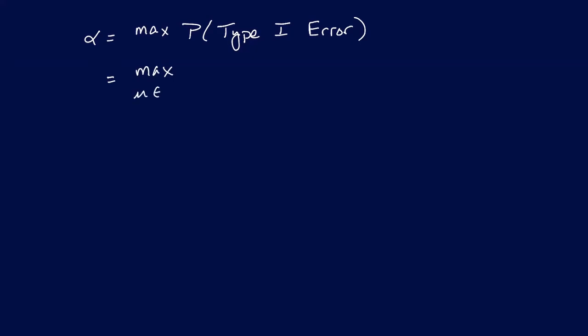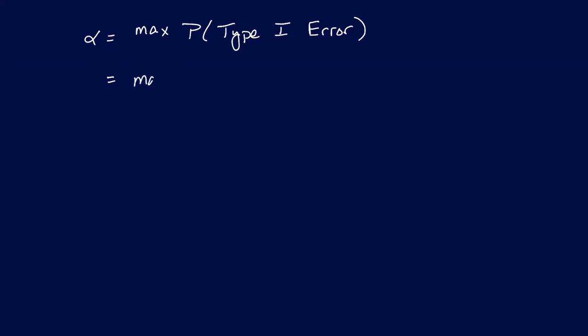So alpha is the probability of making a type 1 error. In general, it is the maximum probability of making a type 1 error, but you only need to worry about the maximum if you have a composite null hypothesis, because this is supposed to be the maximum over all mu in the, actually, let me not write that yet. Let me be a little more general here.